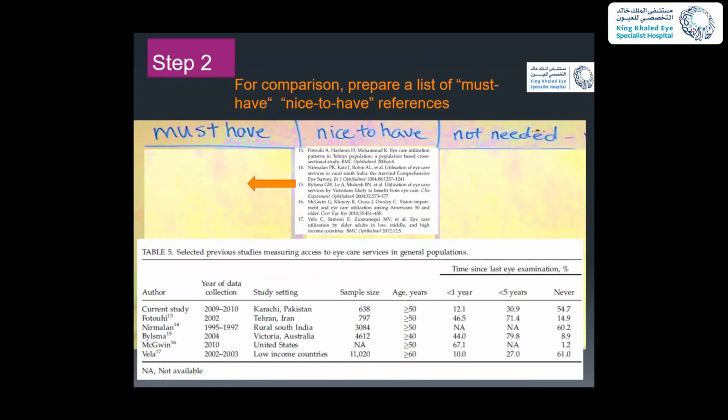And these are the must-have references. You divide references into must-have references, nice-to-have references, and not needed. Exclude the not needed ones. This is from one of our studies, a population-based cross-sectional study, where the comparison has been made with 5 other studies.